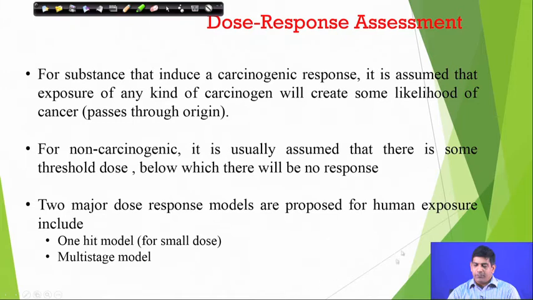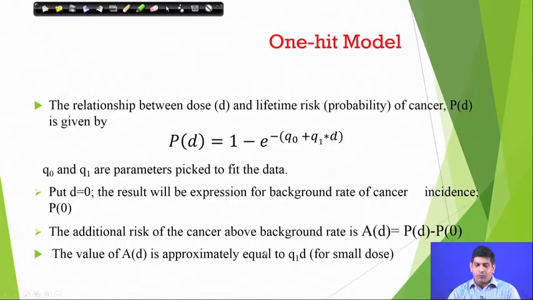Two major models are proposed, the one hit model and the multistage model. The one hit model is the relationship between the dose and the lifetime risk probability. We can put it in an equation where the lifetime probability of cancer, P(d), can be expressed as 1 minus e to the power of minus (q0 plus q1 times d).